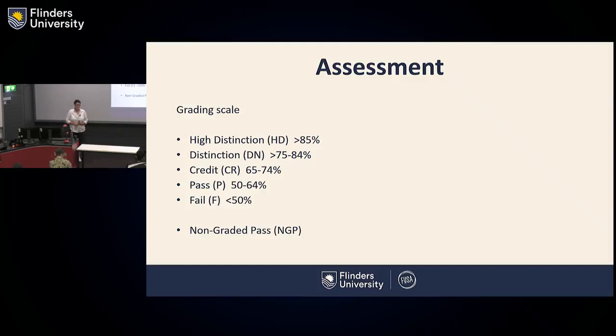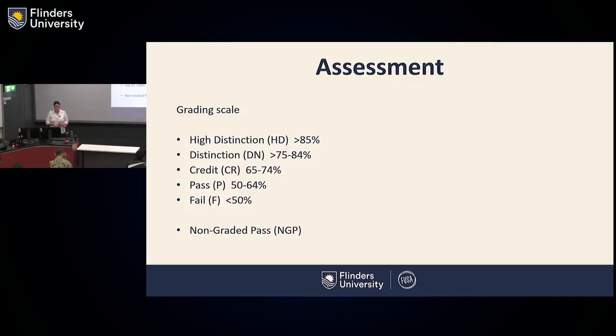Some assignment tasks might be an NGP or a non-graded pass. And what that means is you do the assignment and you either pass or fail it. There is no number or other letter grade given. But the bulk of the assessment that you'll do at uni will involve a high distinction, distinction, credit, pass, fail.